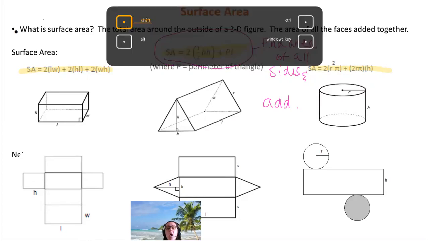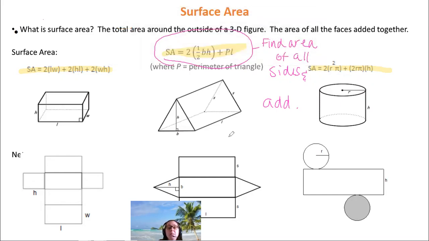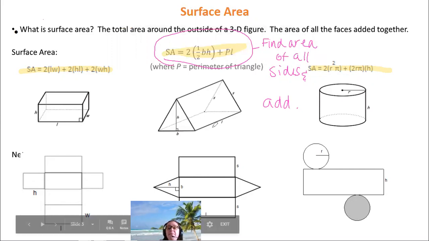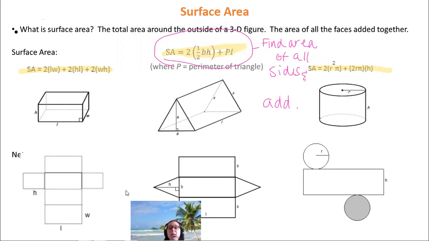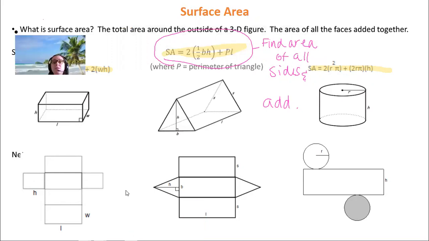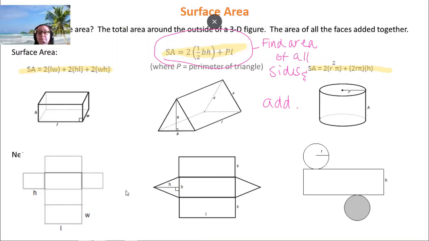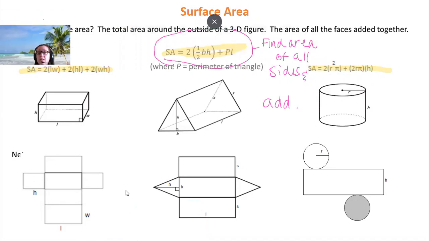Fixed it. Good. Okay, now when you take a 3D figure and unfold it, it gets something called, do you guys remember what this is called down there?